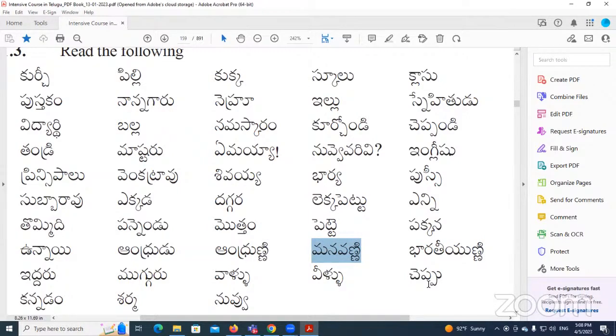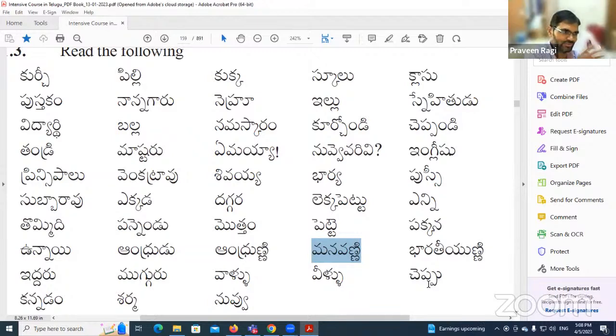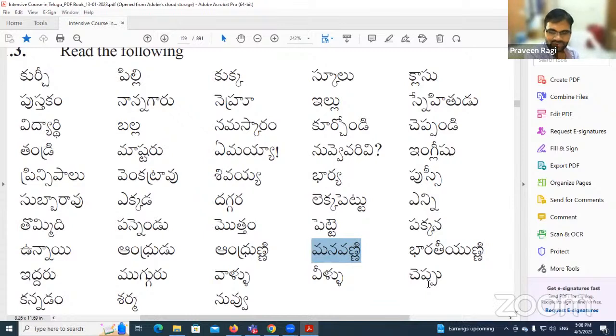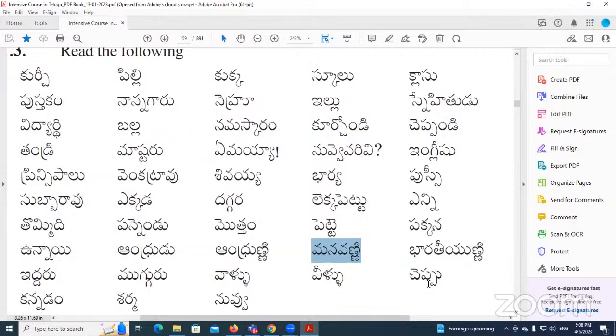Bharatiyuni is like saying I'm Indian. You need to emphasize, you need to stress that last word. Can you try again? Bharatiyuni. Yes, now it's okay. Nenu Bharatiyunni, like that. So that means I am an Indian.